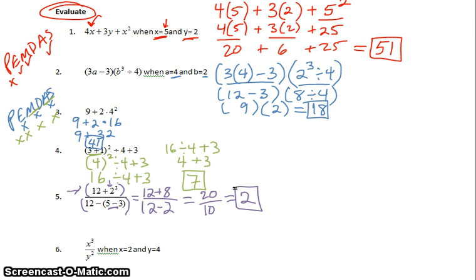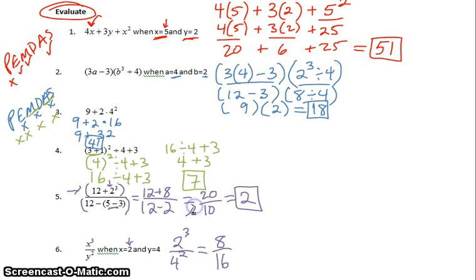Number 6, the little mixed review. We're back to subbing in the values for the variables. x is 2, so I'm going to sub in 2 for x. And y is 4, I'm going to sub in 4 for y. 2 cubed, I've seen it 3 times now on this page, I believe. 8. 4 squared, 4 times 4. And now we have 8 over 16. If you calculate that, you're not going to get 2.